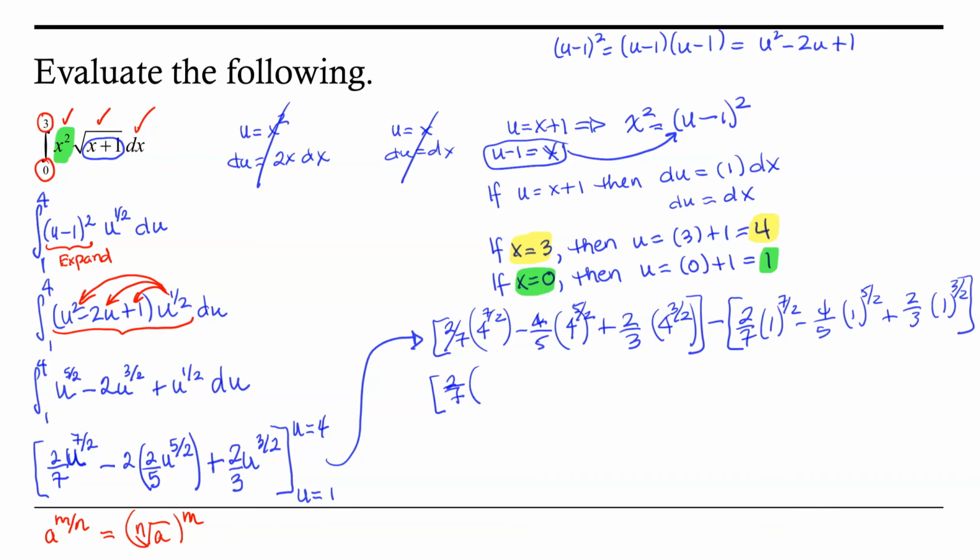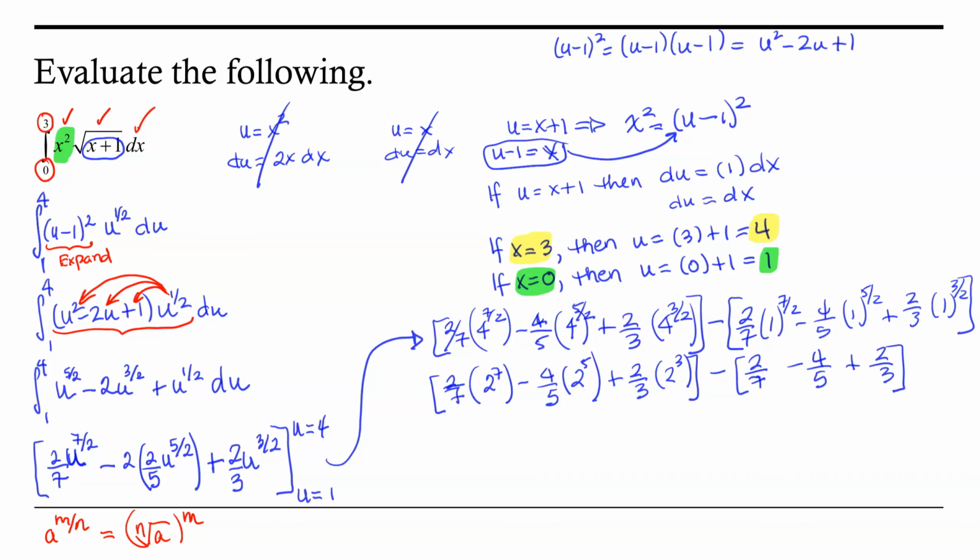The square root of 4 is 2, and so we're going to have 2 to the 7th power minus 4/5. Again, the square root of 4 is 2, so 2 to the 5th power plus 2/3. Now the square root of 4 is 2, so we'll have 2 to the 3rd power minus, and then these are all powers of 1. So this is 2/7 minus 4/5 plus 2/3.